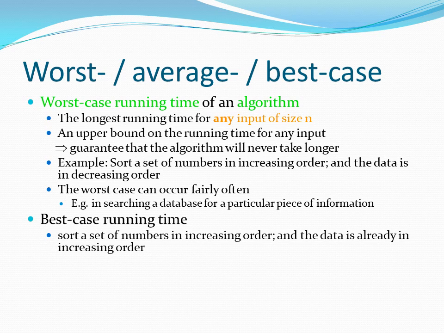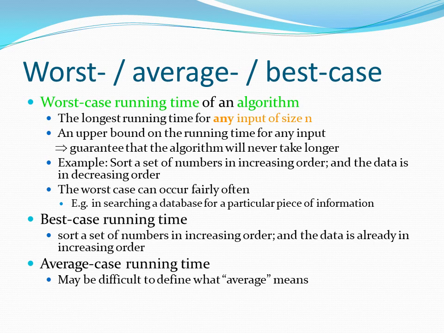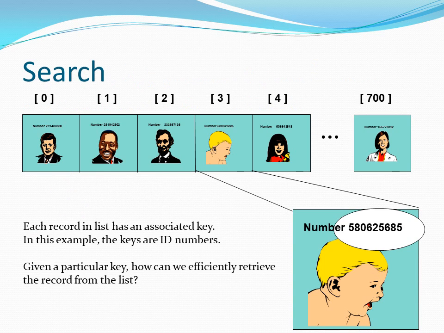Best case running time. Example, the data is already in sorted order. Average case running time. Example, searching an element, so linear search.